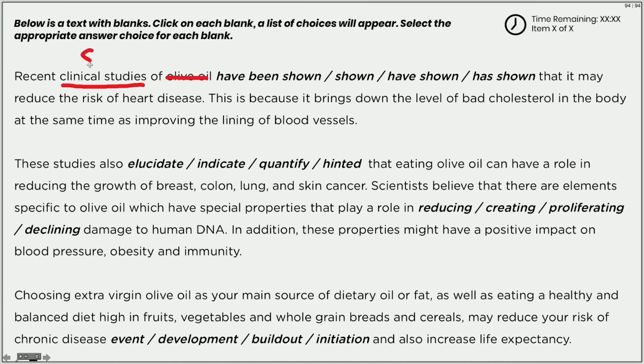This is in fact the subject. So now we need to connect the verb here. Clinical studies, let's get rid of this one and this one. Clinical studies have shown or has shown. In fact, the answer here is have shown. If you mistakenly thought that this was the subject, you would have chosen has shown here, but that was not the subject. It's clinical studies have shown.